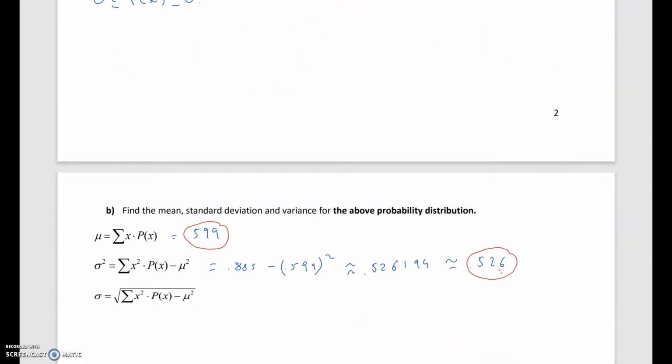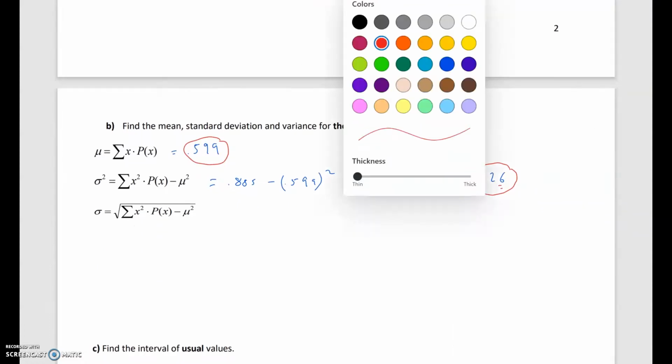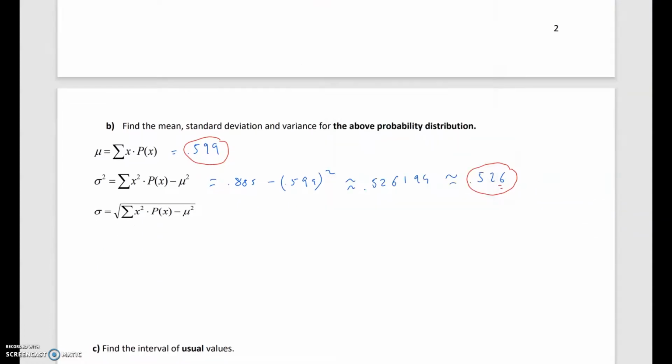The last portion is the actual standard deviation, so that's going to be the square root of the variance. So in this case, square root of 0.526, and this is going to give us approximately 0.7254.